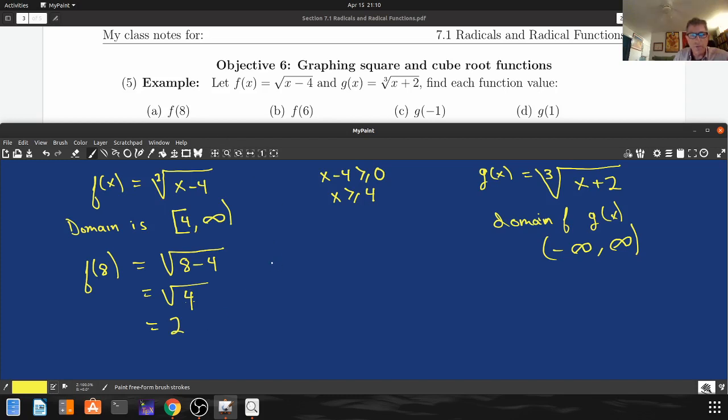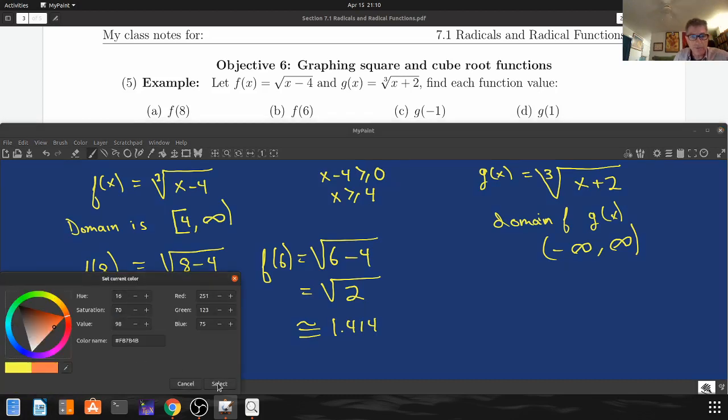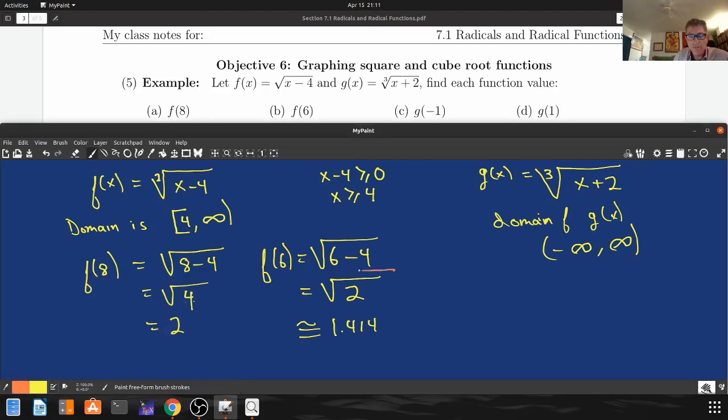Now, for f of 6, I just replace x with 6. So that becomes the square root of 2. And that's approximately, if you get out your calculator, 1.414, and that's all I have it memorized to. But if we were back in the classroom, this is the preferred answer, because that's exact.